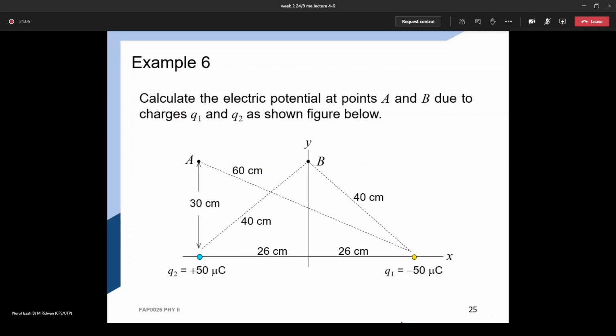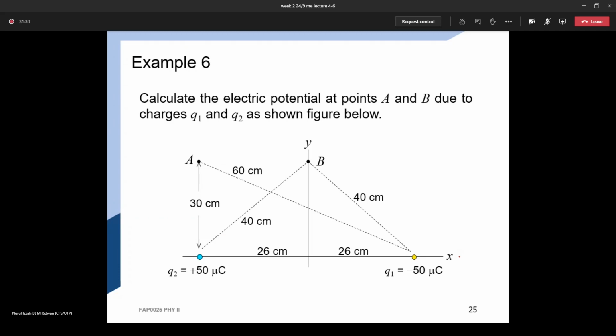So let's start with the example. The question is, calculate the electric potential at point A and point B due to the charges Q1 and Q2 as shown in the figure. In this case, I'm giving you 2 minutes to try to work this problem. I'll give you the guideline along the way.